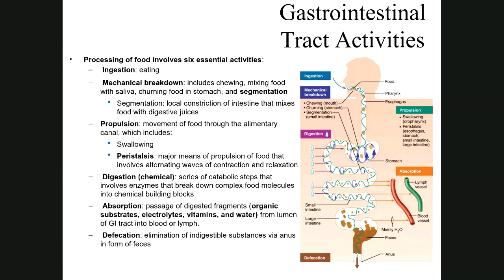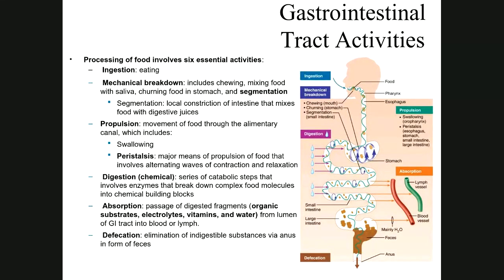Digestion: this time it's not mechanical, it's really chemical. It involves a lot of enzymes, catabolic steps that involve enzymes, breaking down complex food molecules into chemical building blocks like amino acids or whatever our cells and our body need.